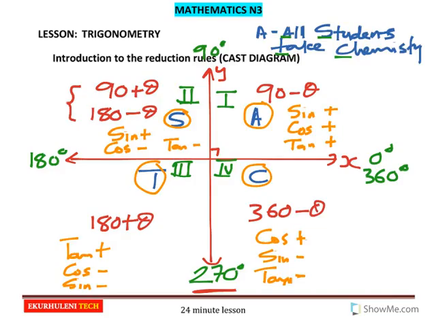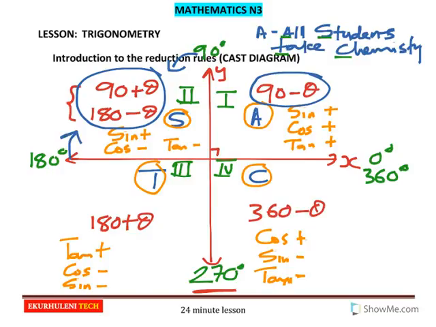Again, to summarize, remember, in quadrant number 1, it's 90 minus theta. Don't forget that. In quadrant number 2, we have got 2 of them. It's after 90 but less than 180. It's 90 plus theta because we are after 90 degrees, but 180 minus theta because we are before 90 degrees.